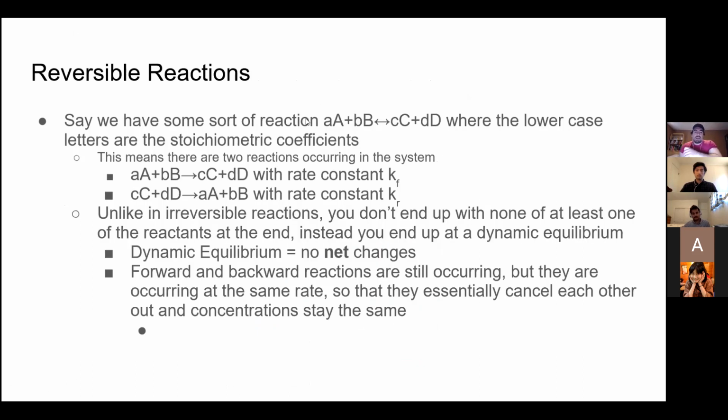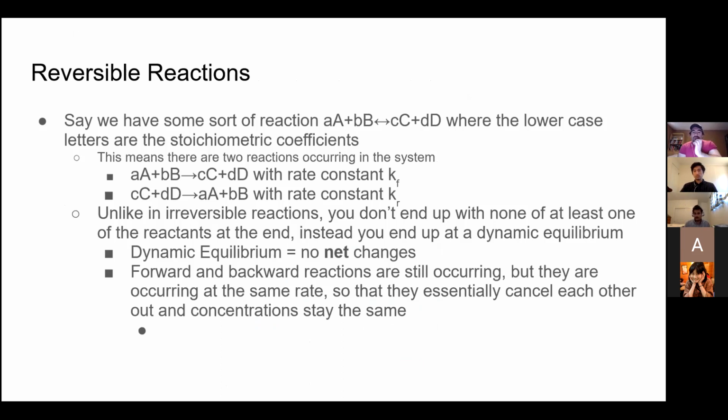So, reversible reactions. This is something that is very important. You usually see it with a different type of arrow, but I'm limited on what symbols I can use.